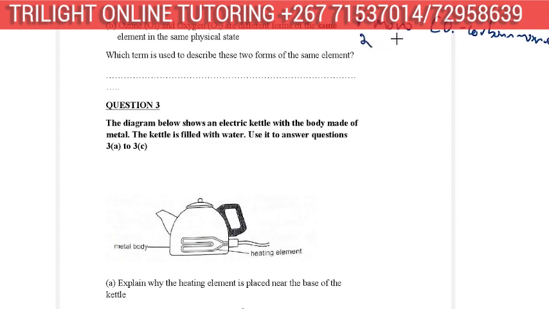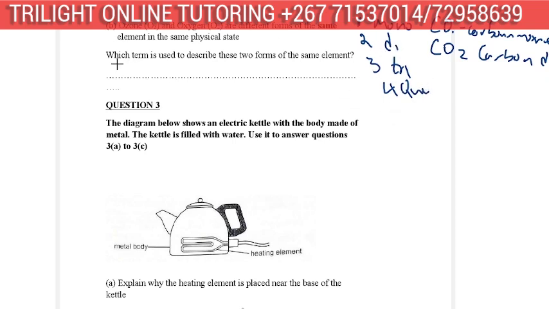When we have two, we say di, so we can say CO2 is carbon dioxide. When it is 3 is tri, 4 is quad, and so forth.